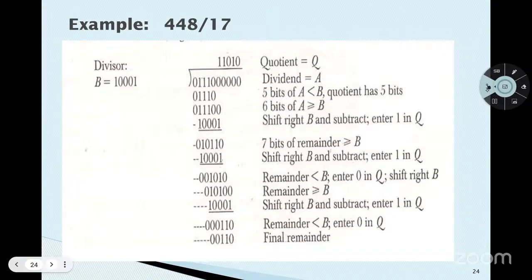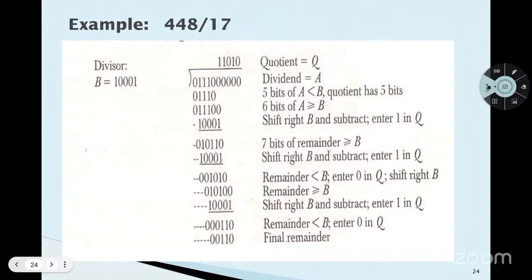How can we see? Example, same. We are taking the algorithm also. 448 by 17. The 448 is called the dividend and 17 is called the divisor.